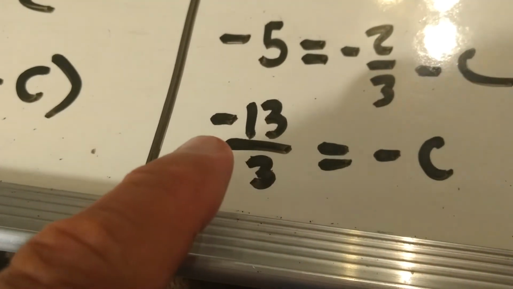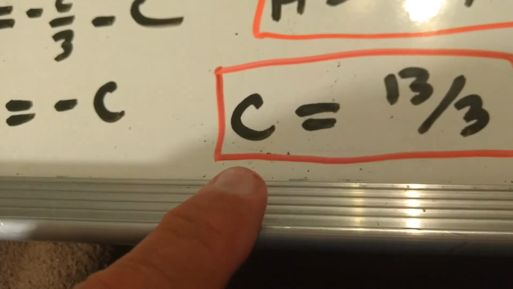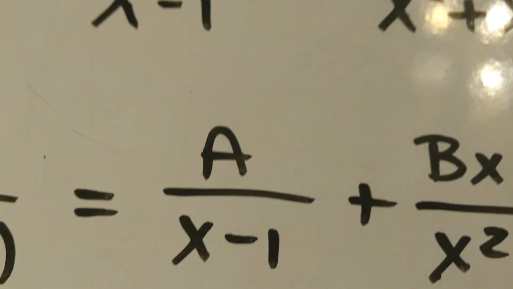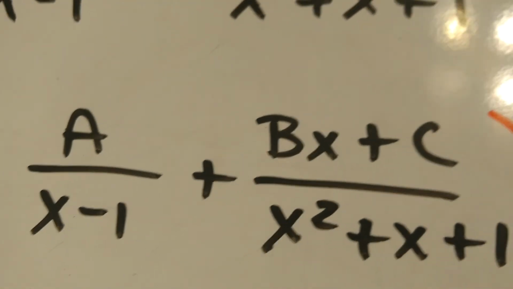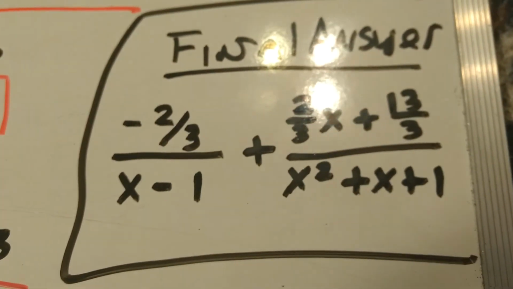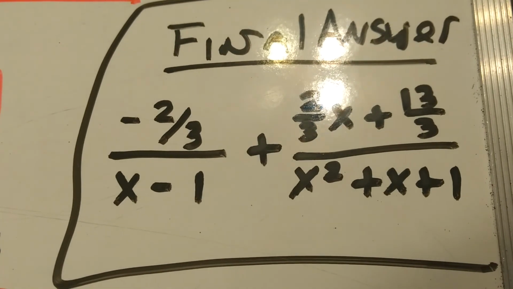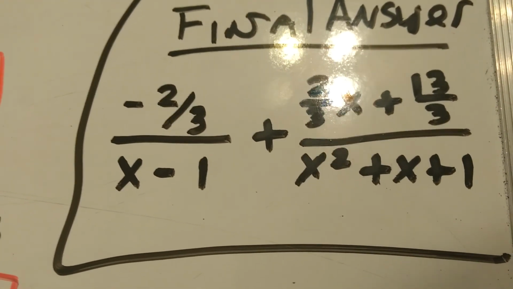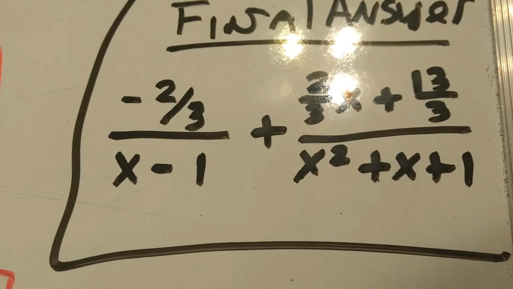Then when I multiply by a negative, I get C equals 13/3. And so now I have A, I have B, and I have C. All I have to do is put them in. And when I put them in, it gives me my final answer of negative 2/3 over x minus 1 plus 2/3 x plus 13/3 over x squared plus x plus 1.